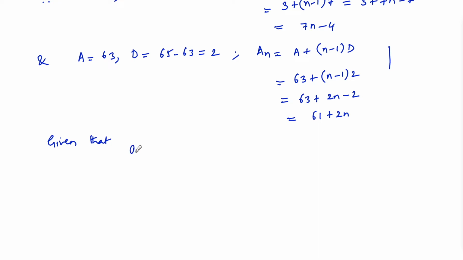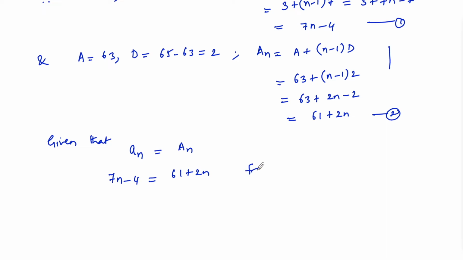Given that the nth term in the first A.P., that is an, is equal to the nth term in the second sequence, that is capital An. So we can write 7n minus 4 is equal to 61 plus 2n. Let's take this as equation 1 and this as 2.